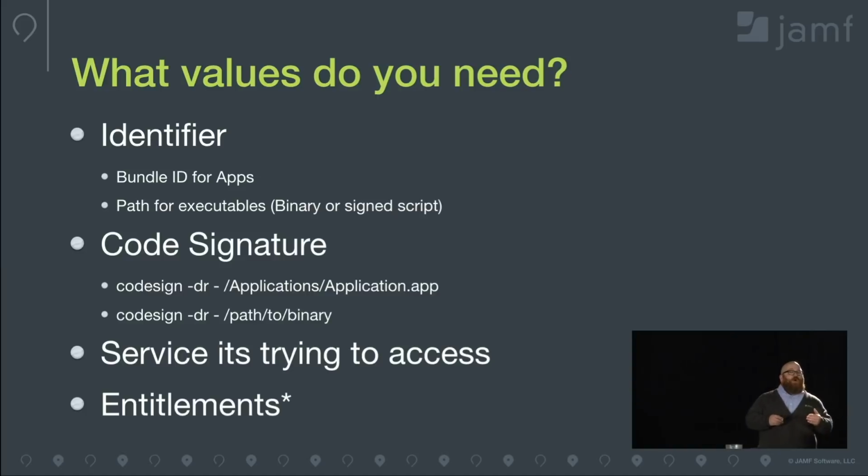We also need its code signature. So unlike text and all that fun stuff, we don't just get the team ID. We actually need the identifier that is built off of the actual developer's signing certificate. So we run a command, and we get back this long string that we look at, and that is the unique identifier. That would only change if the developer changed their signing certificate, which should not happen often.